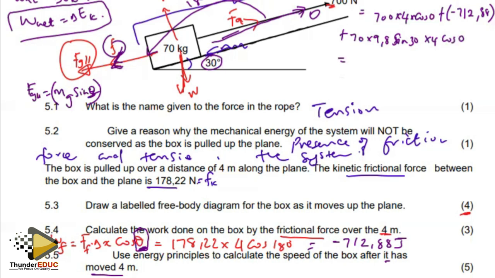So if I punch that into my calculator, first, 700 times 4 cos of 0, I'm getting 2.8.